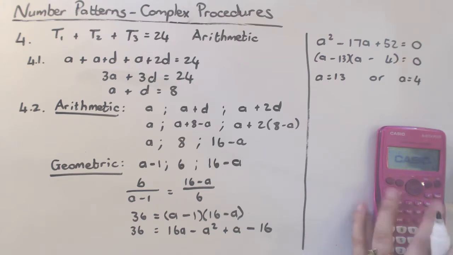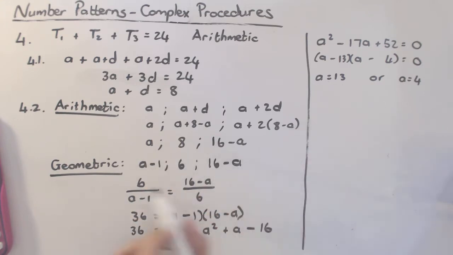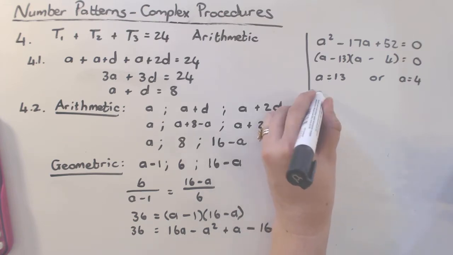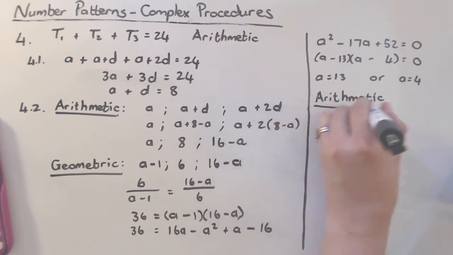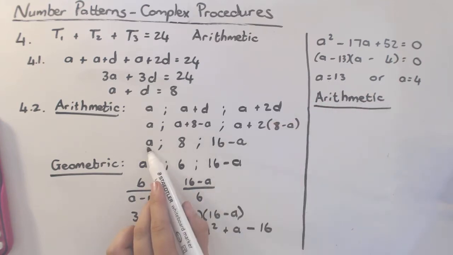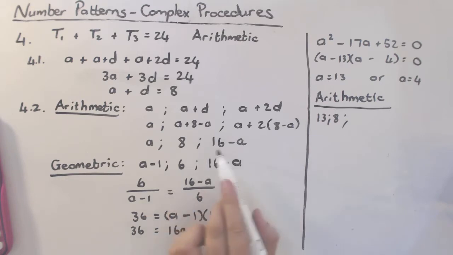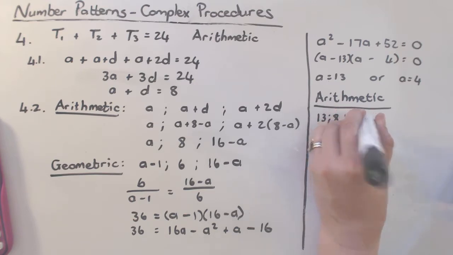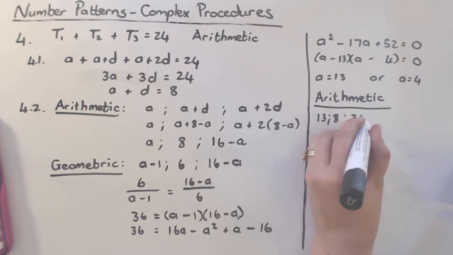Now I've got two values, meaning for my arithmetic sequence, if I substitute A 13 in there, I'm going to generate two sequences. For my arithmetic series, if I substitute 13, I've got 13, 8, and 16 minus 13 is 3. 13, 8, 3, like that.